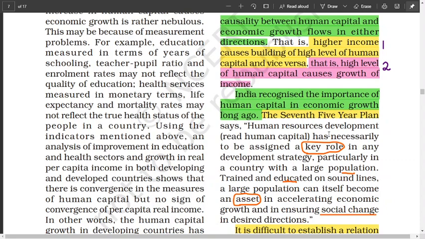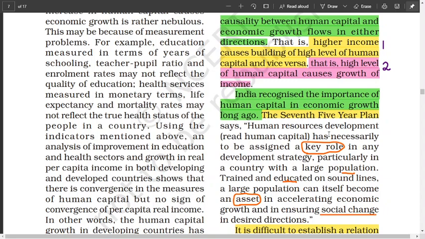If the income of the country is low, you understand human capital level is also low. That's point number one, the relationship between income and growth to human capital. And secondly, high level of human capital causes growth of income, growth of the economy.